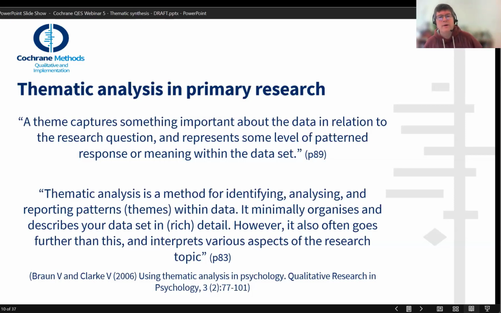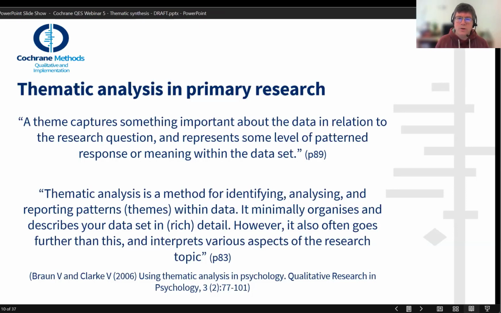So it's a method for identifying, analyzing, and reporting patterns in the data. What's nice about this second definition is it talks about organizing and describing your data set in rich detail. That's a really important part of thematic synthesis as well. However, it often goes further than this and interprets various aspects of the research topic.